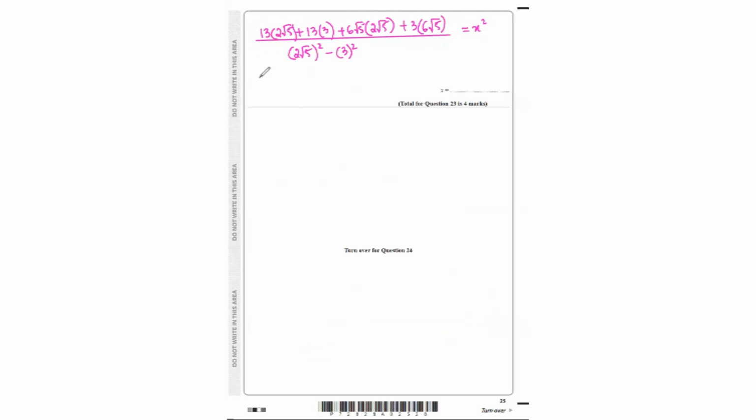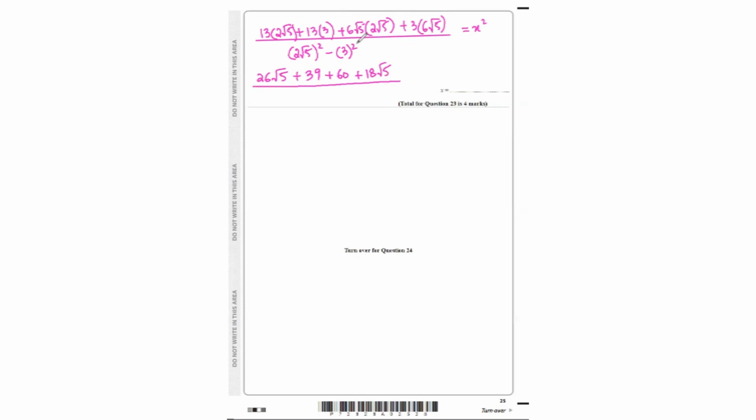13 times 2 is going to be 26 root 5. 13 times 3 is 39. 6 root 5 times 2 root 5 is going to be 12 times 5, which is 60. And 3 times 6 root 5 is 18 root 5. Remember, when you're multiplying a number by a surd, the 3 will only get multiplied by 6, not by 5.